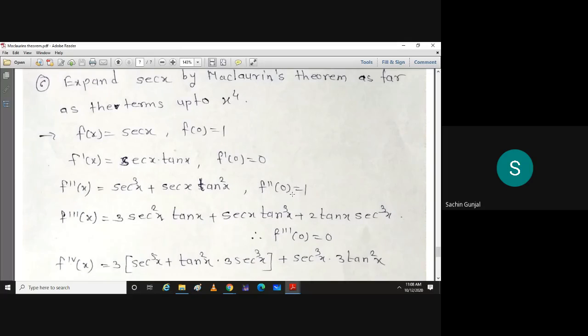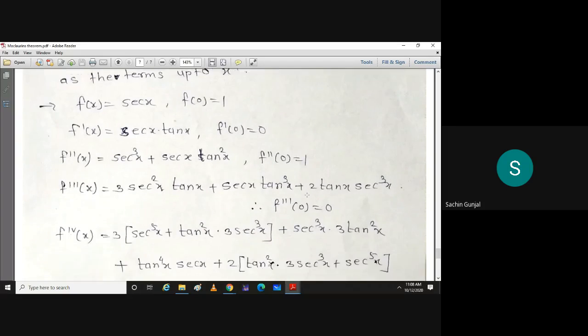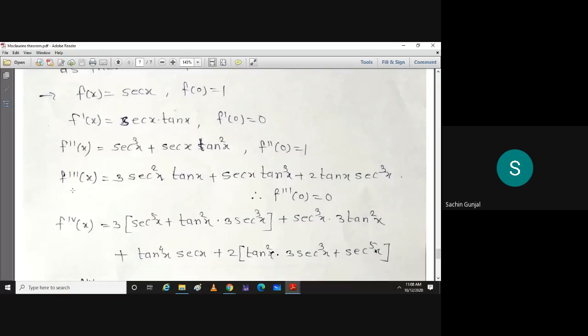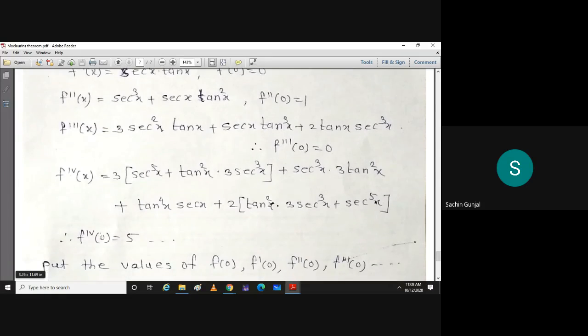Its value at 0 is 1. Similarly, you calculate the third derivative. Here you will have to apply the product rule again, on sec x into tan square x, and its value at 0 is 0. Similarly the fourth derivative, and its value at 0 is 5. So these many derivatives are expected.